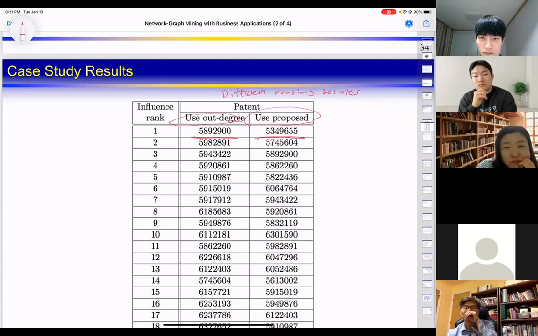Any idea? Actually, reviewers of the journal paper asked us, how do you know yours is better than others? Interesting idea, but how do you know? Any opinion? If you cannot defend it, your paper will be rejected.